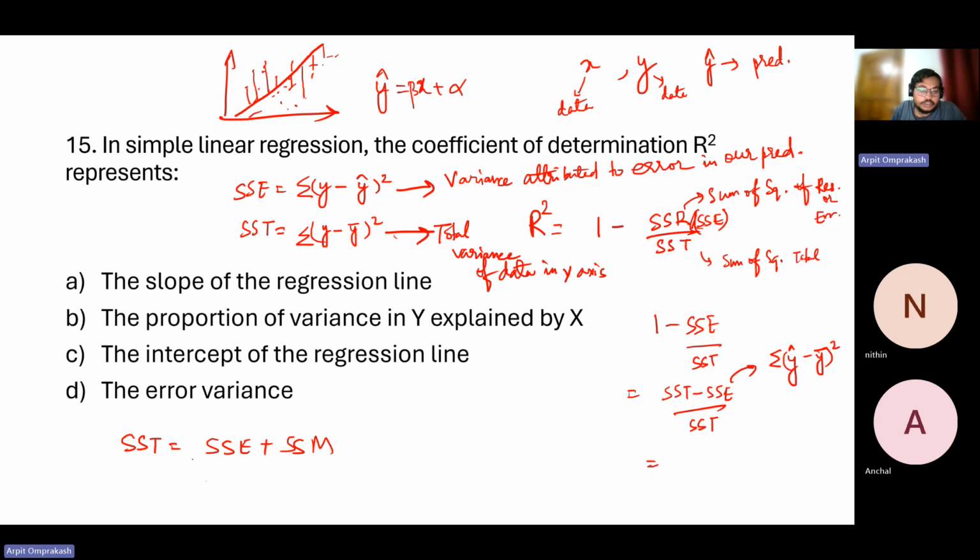I'll check it out. So this is basically the total variance in our data. This is the variance that can be attributed to error. And what we are left with is the variance that can be attributed to our predictions.